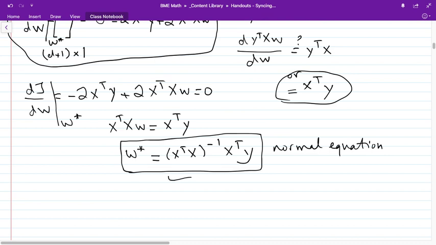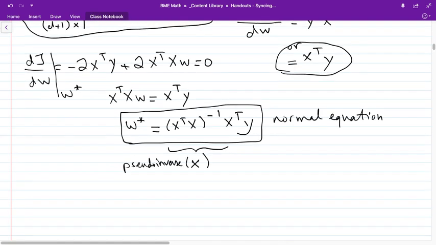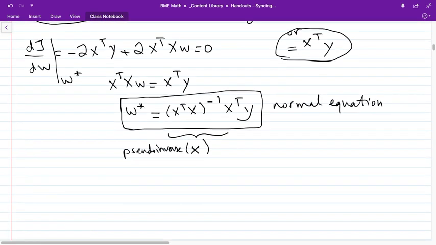If you look in the literature, you will find that this part, up until y, is called the pseudo-inverse of x. The normal equation gives us the solution we were looking for, the optimum weights for a feature space of x to fit an observation space of y.